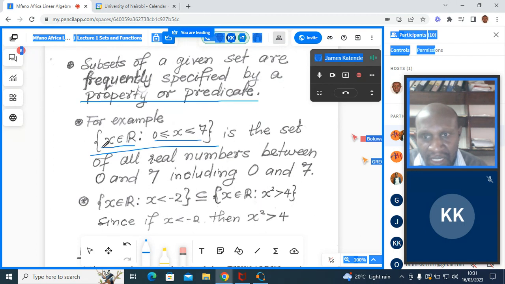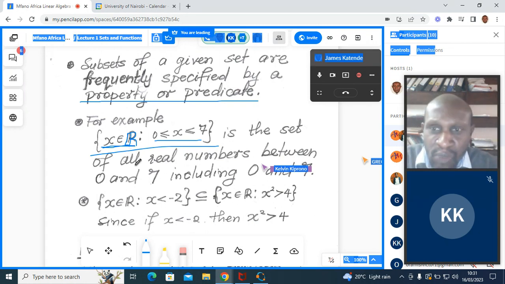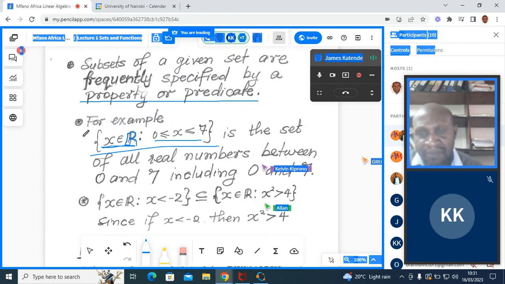Here, on the left-hand side, this means we are picking elements from the set of real numbers. This symbol here means the set of real numbers. We shall look at numbers later, but I think most of you are familiar with this symbol to represent the real numbers.